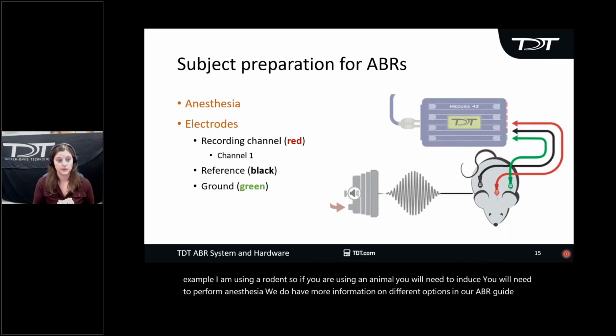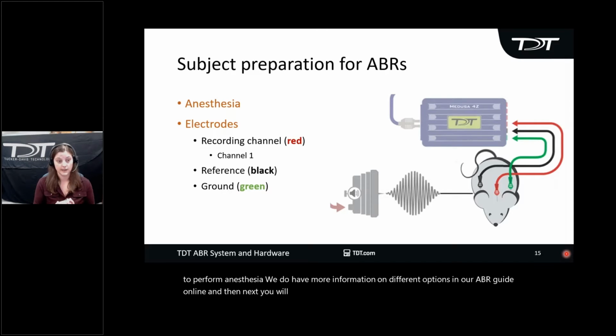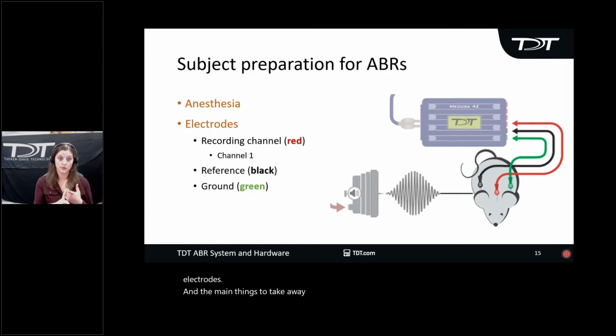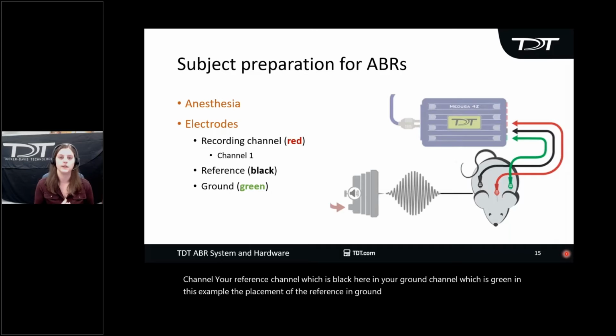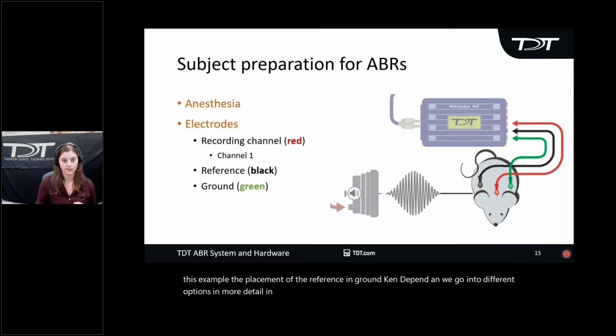And then next you will have to insert electrodes, in this case subcutaneous needle electrodes. And the main things to take away here is that you will have a recording channel, which is the red channel, your reference channel, which is black here, and your ground channel, which is green in this example. The placement of the reference and ground can depend, and we go into different options in more detail in our ABR guide online.